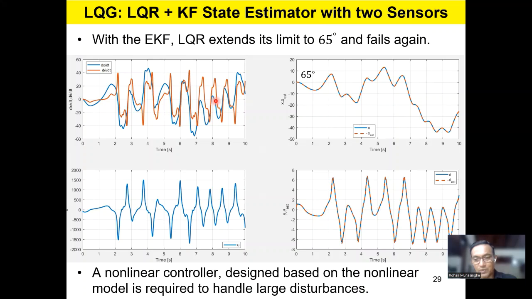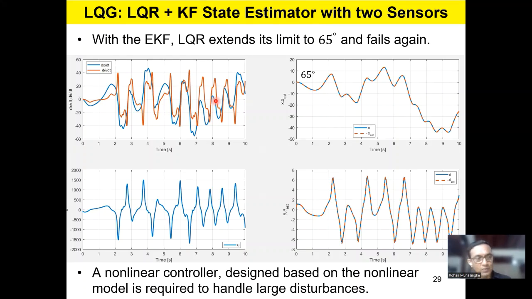Now it eventually comes to the controller. The controller is still linear, and of course there's only so much to be achieved with a linear controller on a nonlinear plant, right?